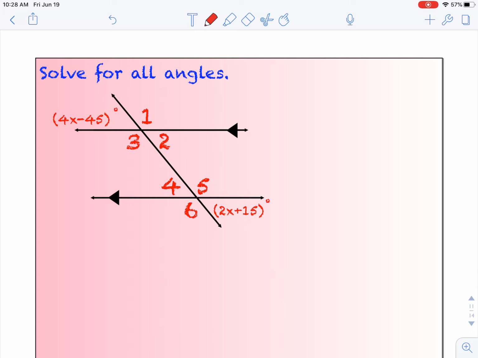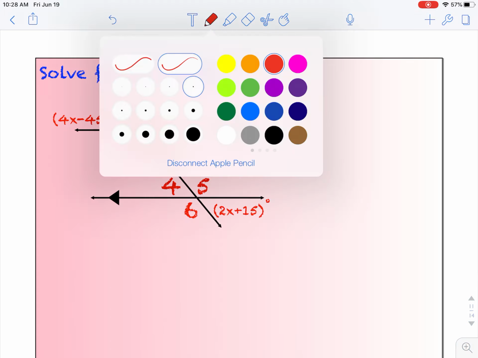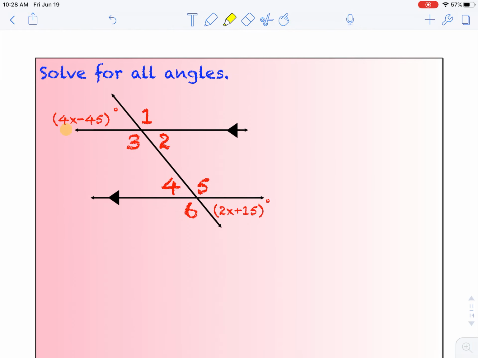Okay, so let's go on and try to set up and solve some more examples here. So now we're solving for all of these angles. And again, look at what you have. You have your parallel lines cut by this transversal, and the angle pair you're given here, right there, is alternate exterior angles.